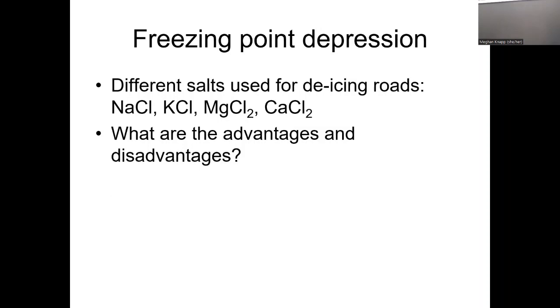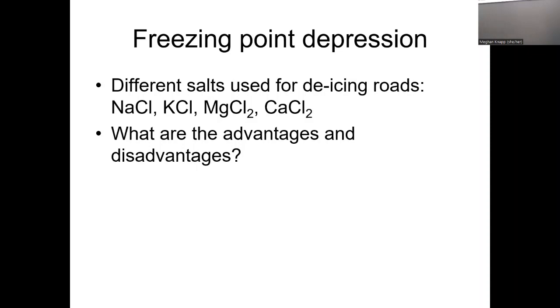But when you add additional salts like sodium chloride, potassium chloride, magnesium chloride, and calcium chloride, then it's going to lower even further. So if you were the person in charge of purchasing the salts to use on the road, and the place you're purchasing from had these choices, what kinds of things would you think about when you were making your selection?